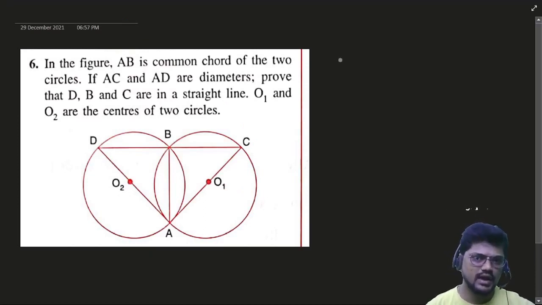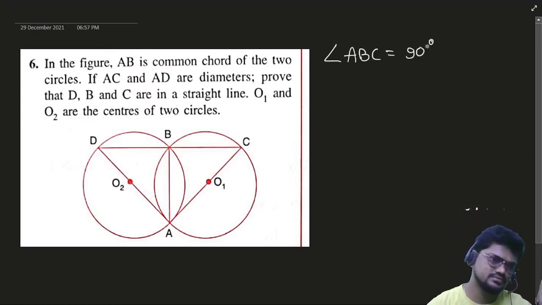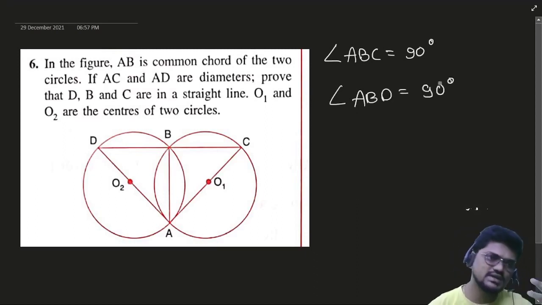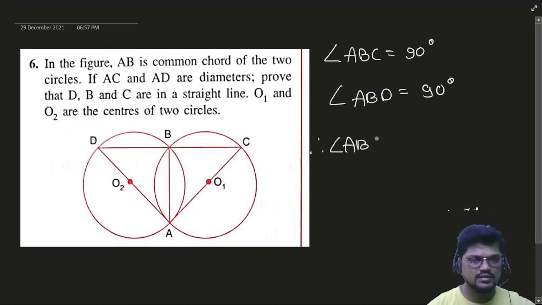We know that angle ABC will be equal to 90 degrees. Yes or no? Why? Because AC is a diameter. Also, angle ABD is also 90 degrees. Why? Because AD is a diameter. So, angle ABC plus angle ABD equals 180 degrees.